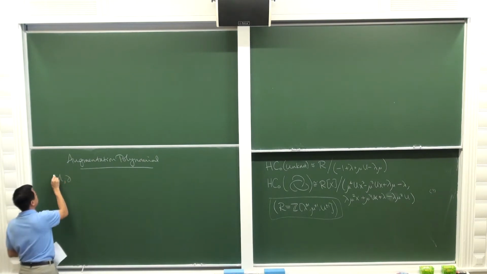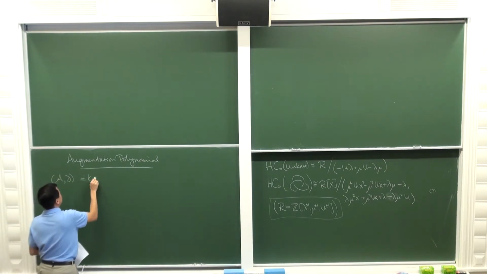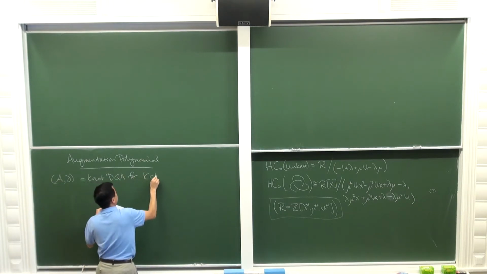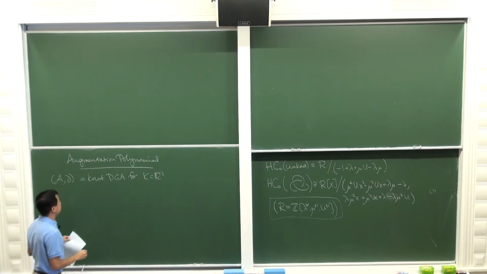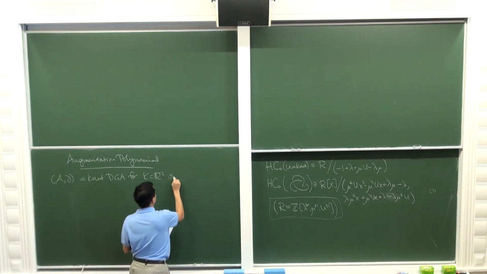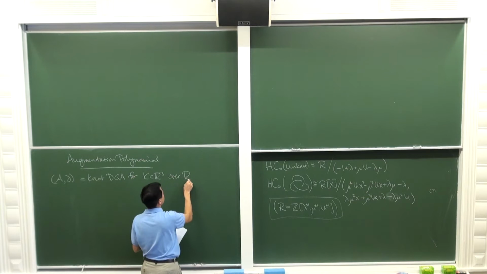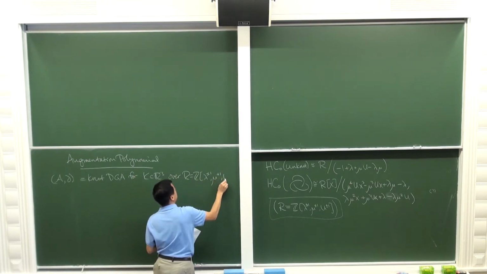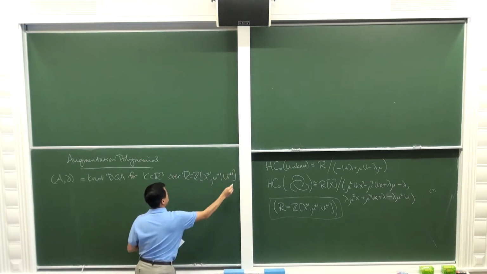Our starting point is, remember we have this thing that I call the knot DGA. We're in the knot 3, and this is a differential graded algebra over the ring that I've written there: Z[λ^±1, μ^±1, u^±1].